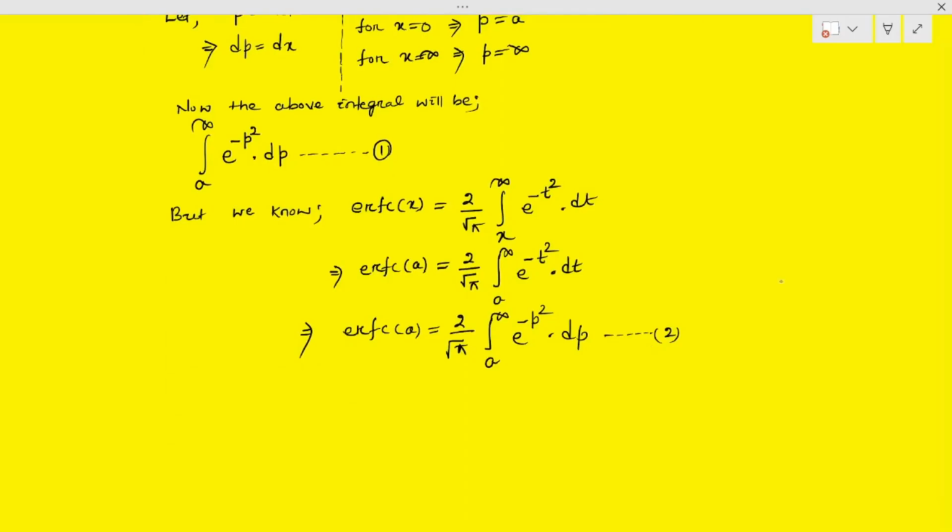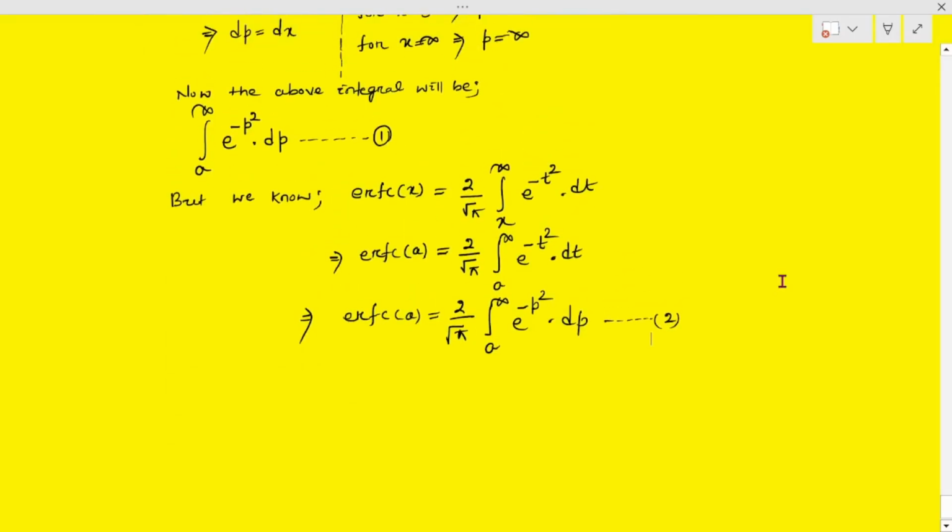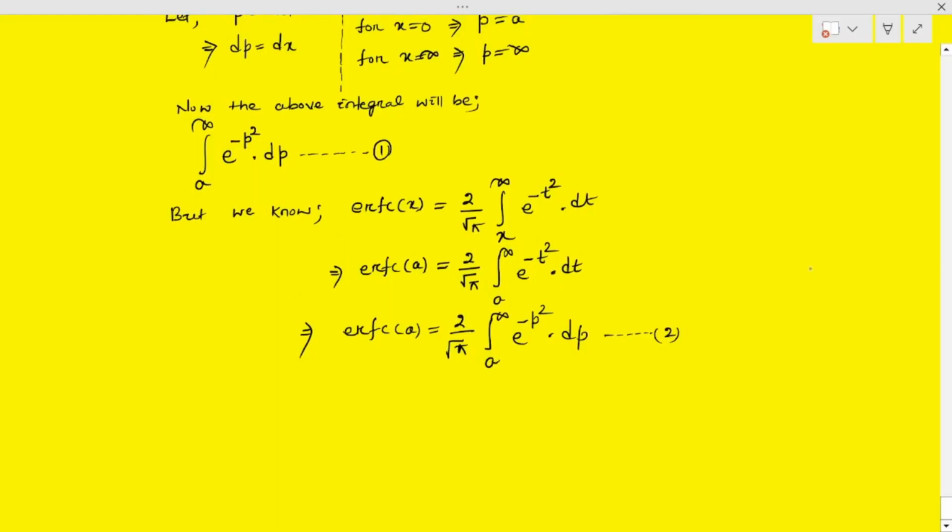By comparing equation number 1 and 2, what can we write here? Here you can see this integral we have in equation number 1. This much integral will be equal to how much?